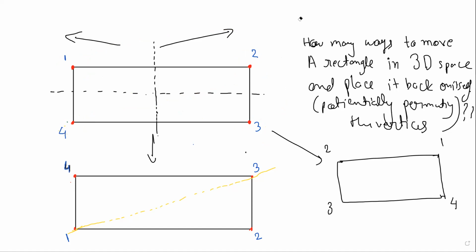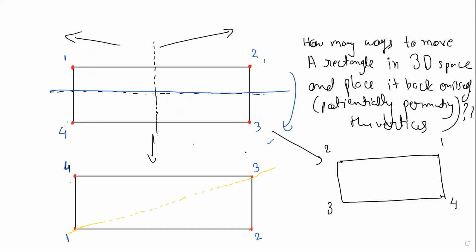Okay, but yeah. So that's very clear that you basically compose these two things, right? So you use this, so you flip it here. So 1 goes to 4, 2 goes to 3.